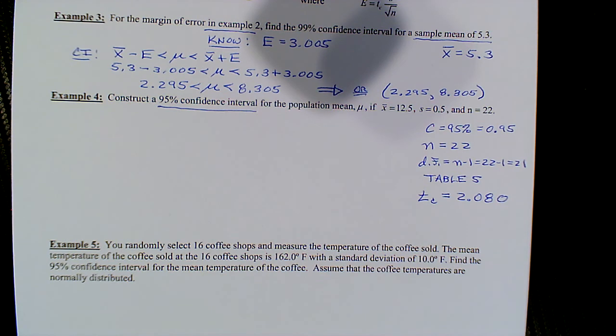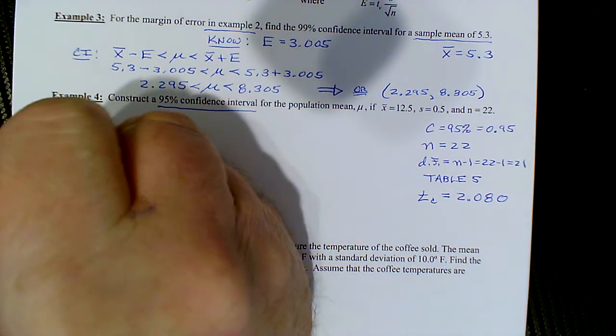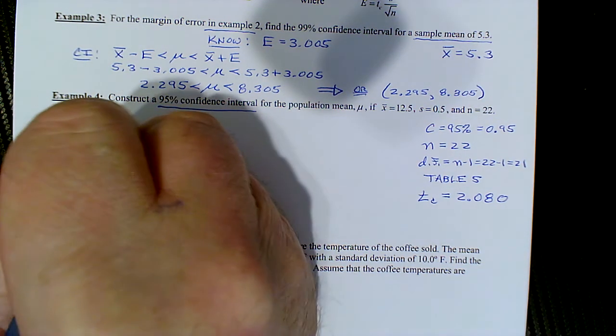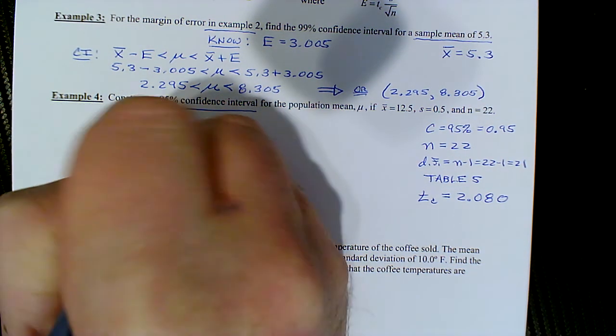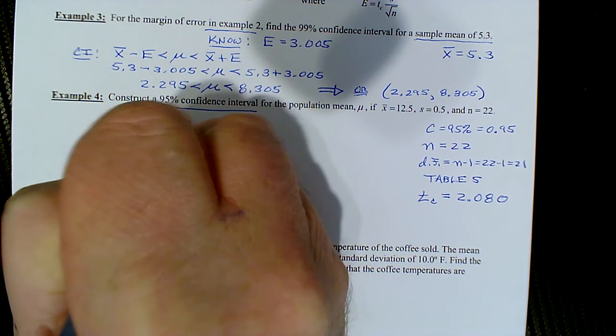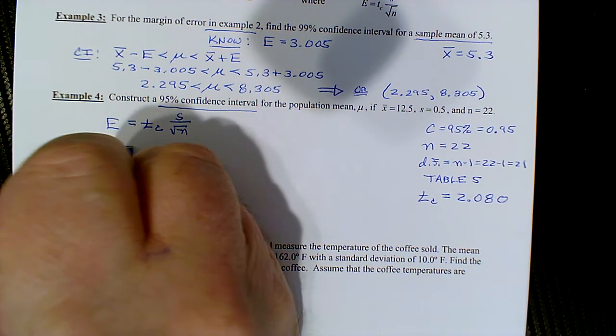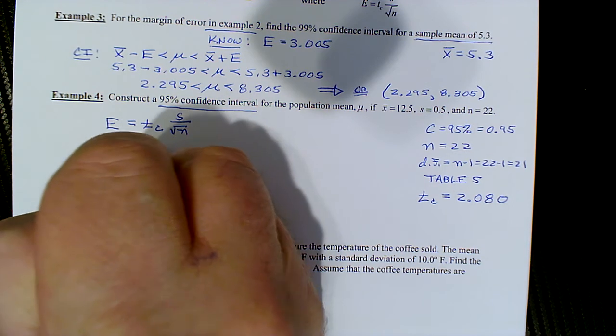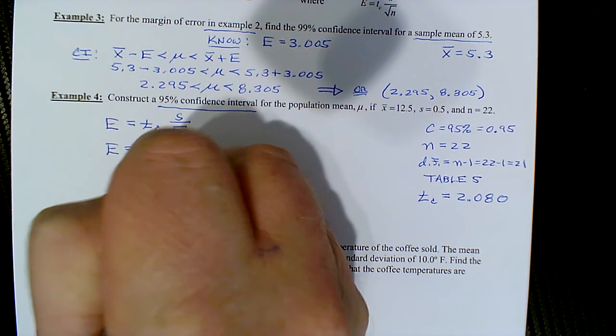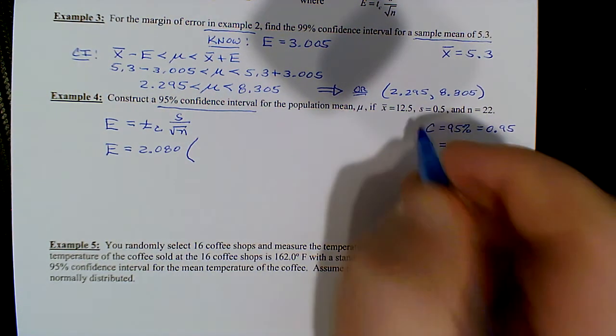And now construct the confidence interval. Okay, so the easiest way to go about it is first find E. So again, the formula t sub c times s over the square root of n. So we get 2.080 is t sub c times s.